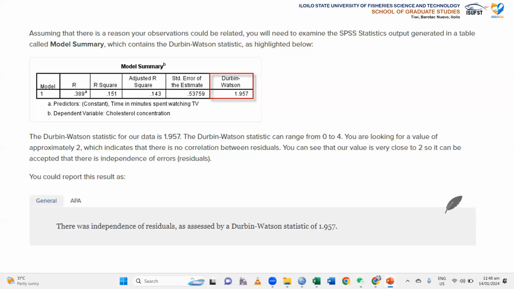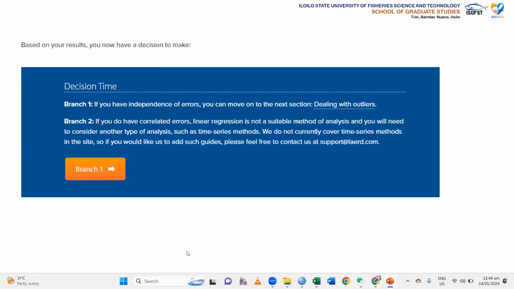Take note of approximately 2, which indicates that there is no correlation between residuals. You can see that our value is very close to 2. In this case, 1.957. So it can be accepted that there is independence of errors or residuals, and that you could report it in this manner. Okay?